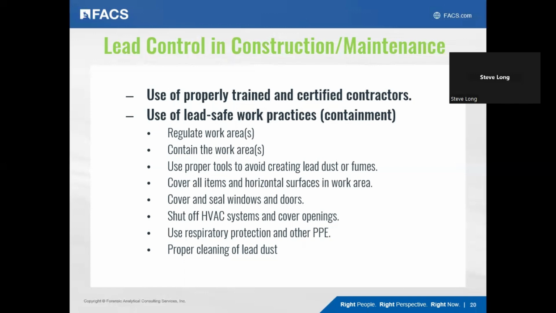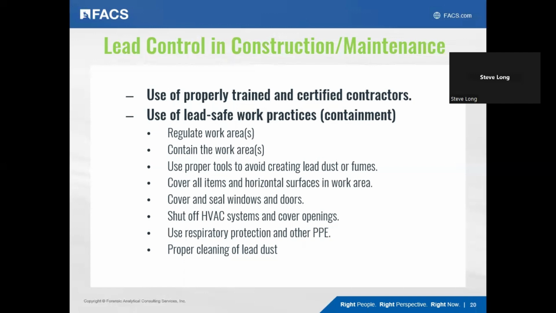Containment of the work area involves basically ways to capture dust. So this is done typically through plastic sheeting, covering the areas that we don't want settled dust to contaminate. It's important to use proper tools and techniques to prevent creating a lot of lead dust or fumes.